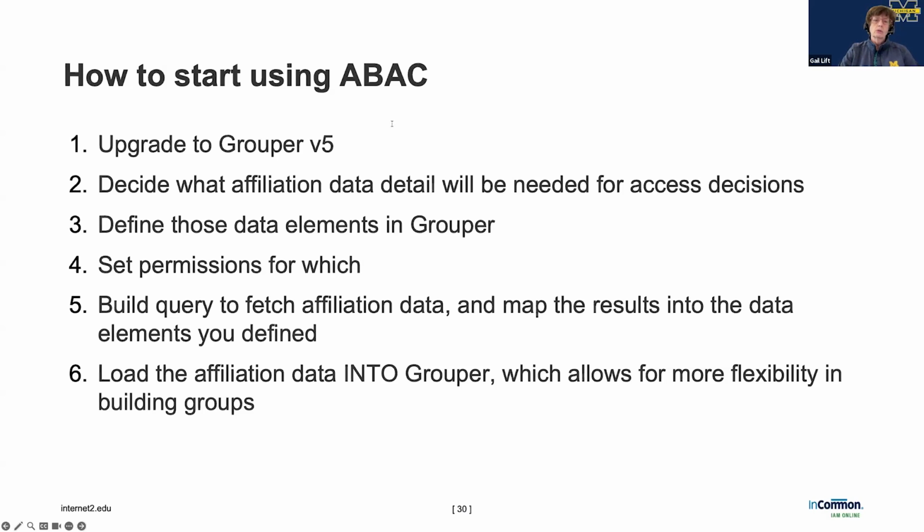Okay, so decide on that data or get some help deciding on that data, and then define those data elements in Grouper. It's pretty easy. Liam showed you how to do that. I just noticed that it says sets permissions for which and stops. That's set permissions for who will be able to access which kinds of data elements.